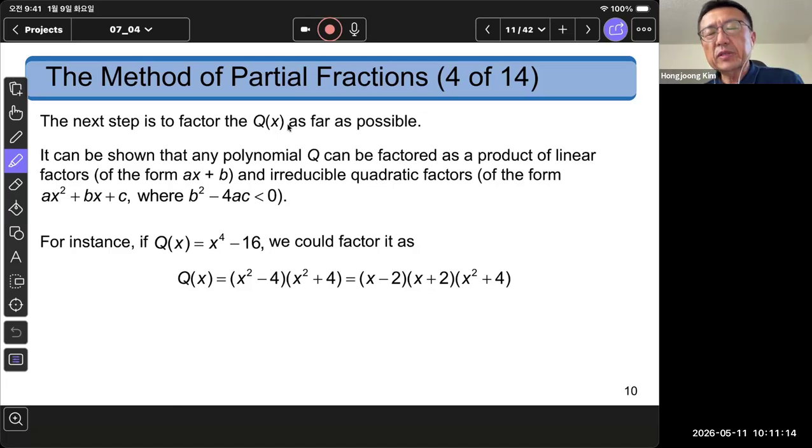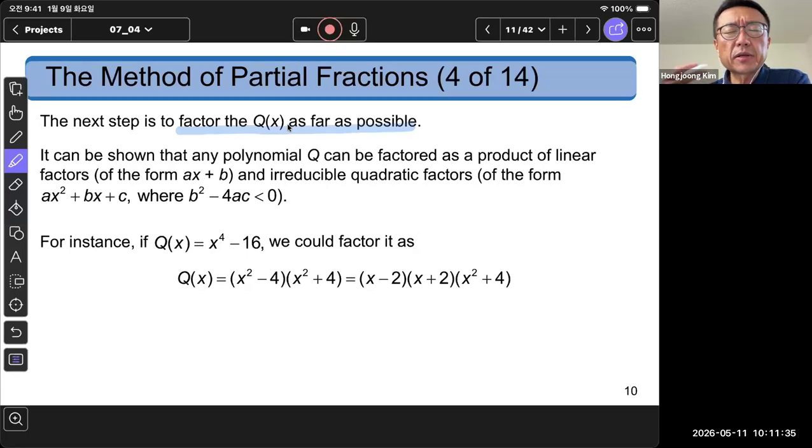Okay, so what's next then? I have a proper rational function. Then the next step is to split the denominator as far as possible.